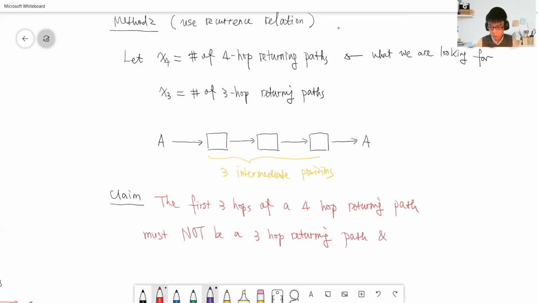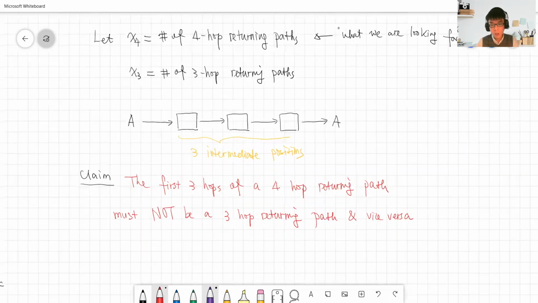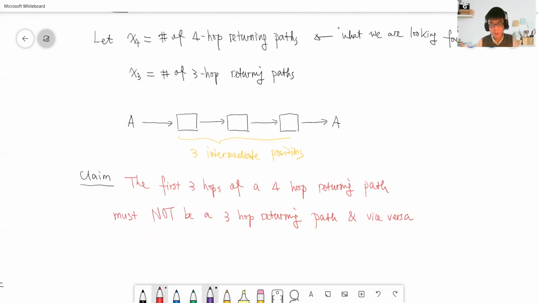And vice versa. So this is an equivalent description of a 4-hop returning pass. That is, the first 3 hops must not be a returning pass. In other words, the 4th position here is not A. The cricket can only hop from a not-A leaf to A.